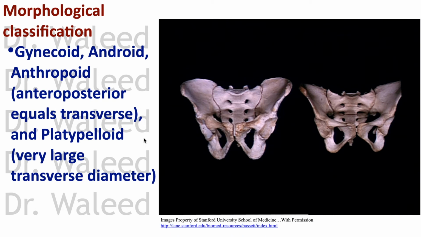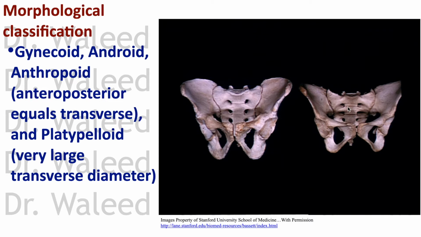Forms or morphological classification of pelvises: the android, which has a heart-shaped brim, the one in most men; gynecoid, the one in most women, which has a circular or even slightly oval brim because of the wider pelvis.